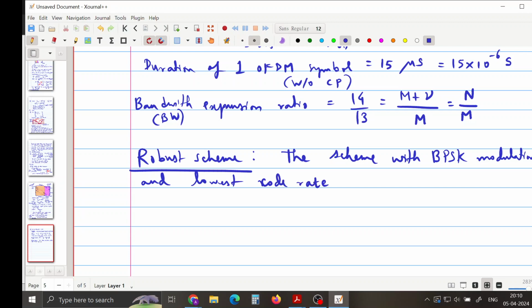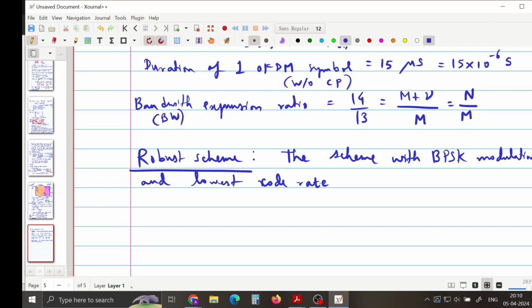Lowest code rate means there will be a difference between k and n, right? I mean, there will be a difference between the number of message bits and the number of encoded bits, the code length. So there is a significant amount of redundancy that has been added. So you are protecting your message bits. So adding redundancy helps in reducing your bit error rate or symbol error rate. So that's why lower code rate optimizes your error performance.